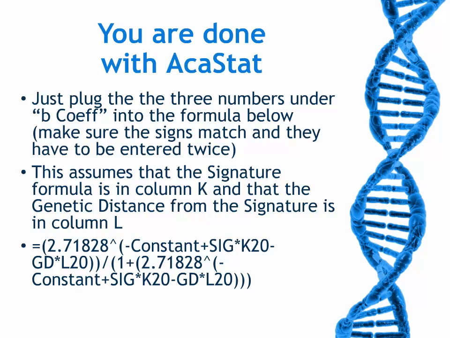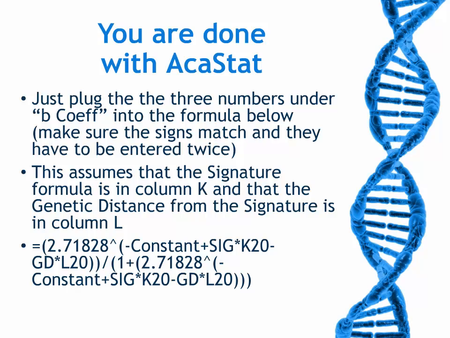This assumes that the signature formula is located in column K, and that the distance from the signature is in column L. So what you do is you take those three numbers, and where it says constant in this formula, you just plug in the first constant, and then where it says sig, that's where you put in that number, and where it says genetic distance, you put in that coefficient.